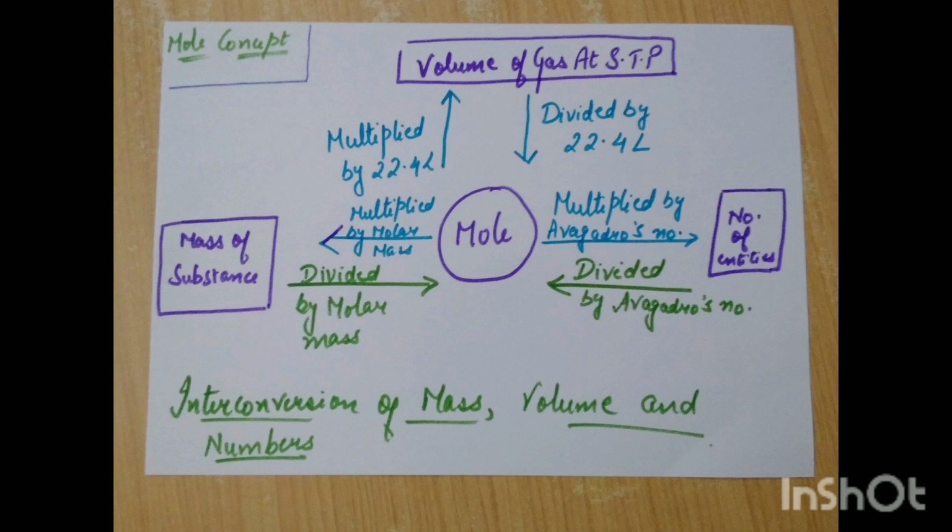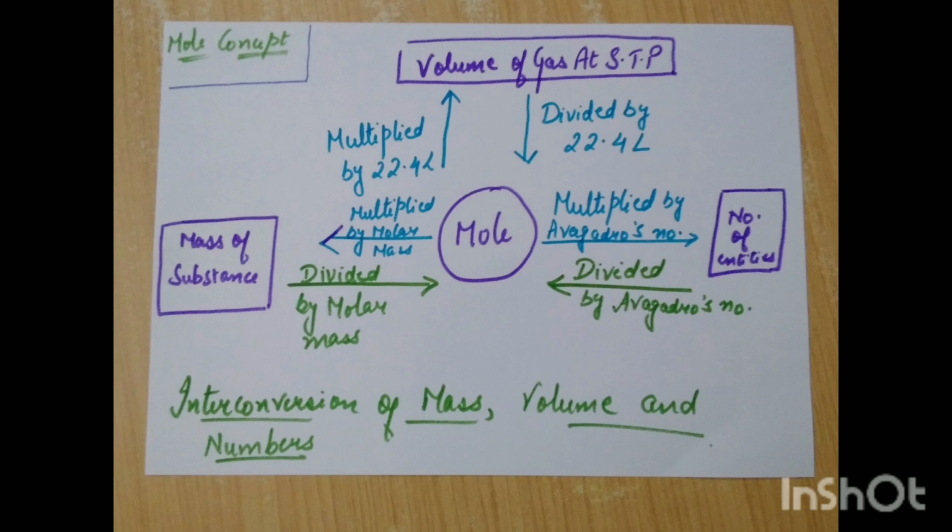Similarly, if the numerical has the mass of a substance, then we can divide it by the molar mass to calculate the mole. Similarly, if the number of entities is given, you can divide it by Avogadro's number, that is 6.022 into 10 raised to power 23, to get the mole.